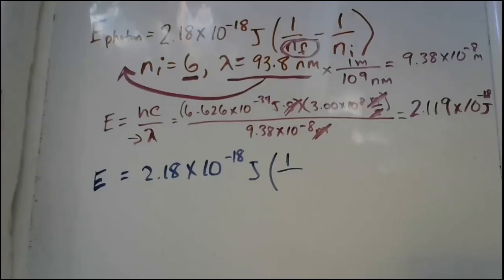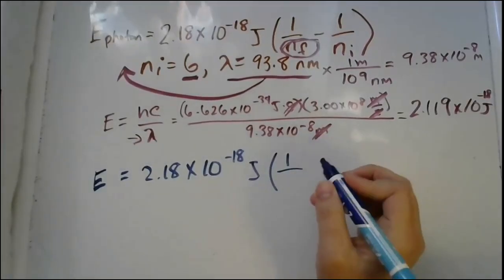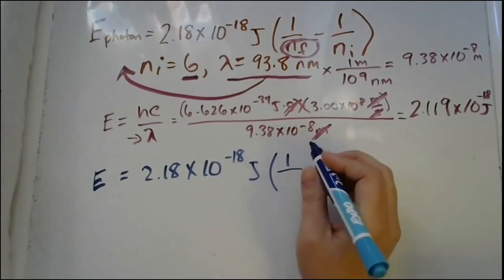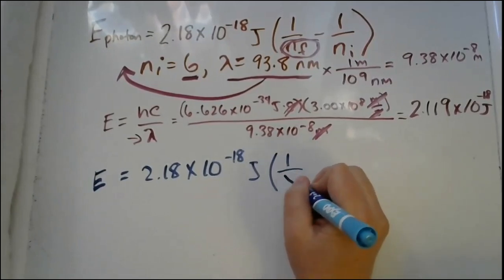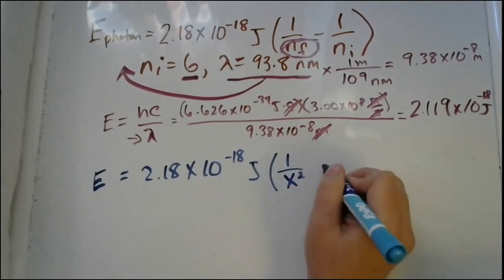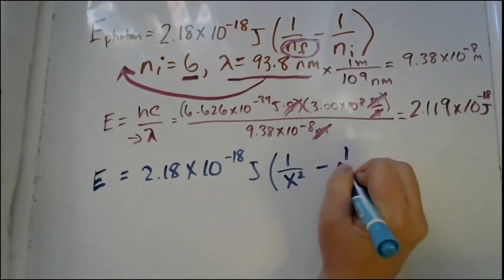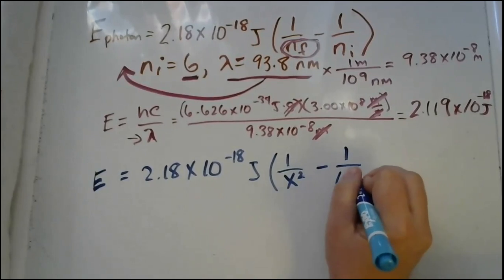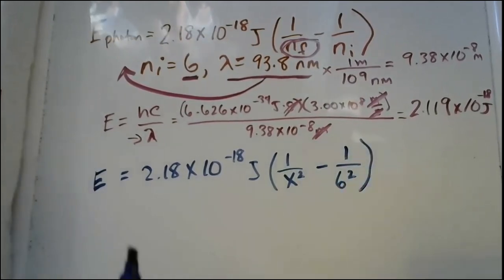Let's keep on going. 1 over, we'll call it x squared, minus 1 over 6 squared.